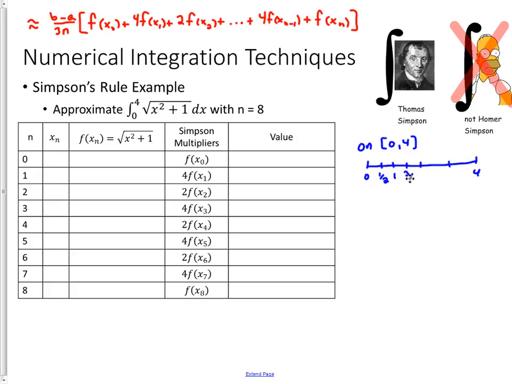So if we think about it that way, it just makes it a little bit easier to divide up here and get our x values that are going to go into our expression, 7 halves being the last fraction right here. So for each of these n values, we're going to be finding the f of x value at 0, 1 half, then 1, then 3 halves, then 2, then 5 halves, then 3, then 7 halves.